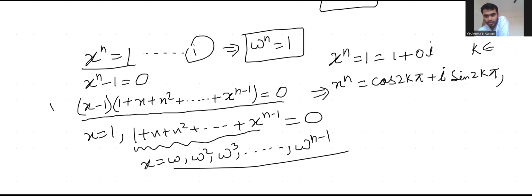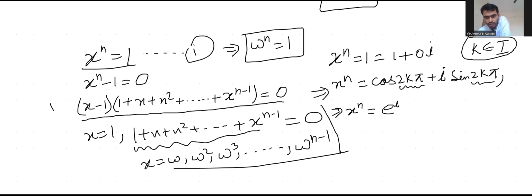Then the right hand side, cos 2k pi plus iota sin 2k pi, can be written as e to the power iota 2k pi.